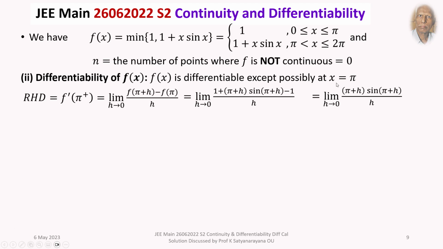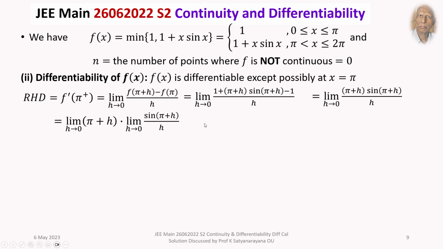This is the product of two functions we consider. The first function is pi plus h. The second function is sine of pi plus h by h. So the limit of the product is equal to the product of their limits. The limit as h tends to 0 of pi plus h, multiplied by the limit as h tends to 0 of sine of pi plus h by h. The limit as h tends to 0 of pi plus h is pi. And the limit as h tends to 0 of sine of pi plus h by h is a 0 by 0 form.